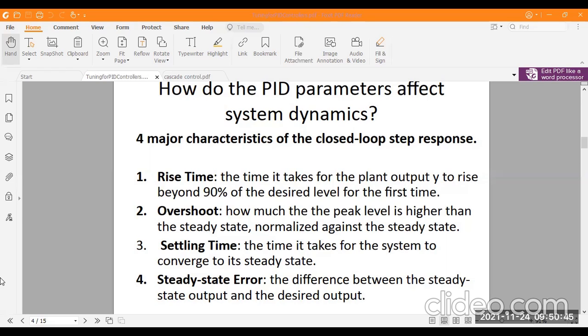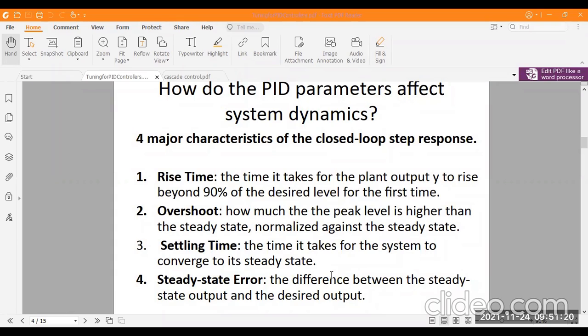So what is settling time? It is basically the time it takes for the system to converge to its steady state. That means a system is working, any control system is working. This time is elapsed from the application of an ideal instantaneous step input value with respect to time, until the output settles at the corresponding steady state result.